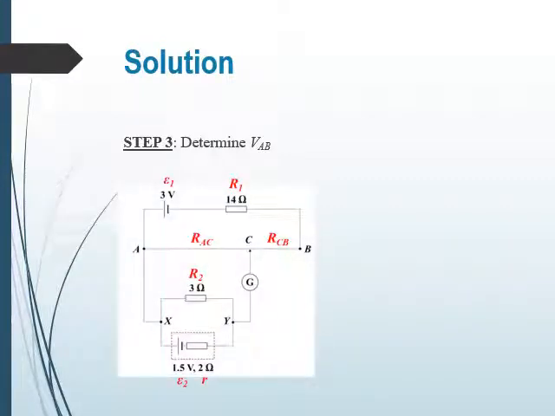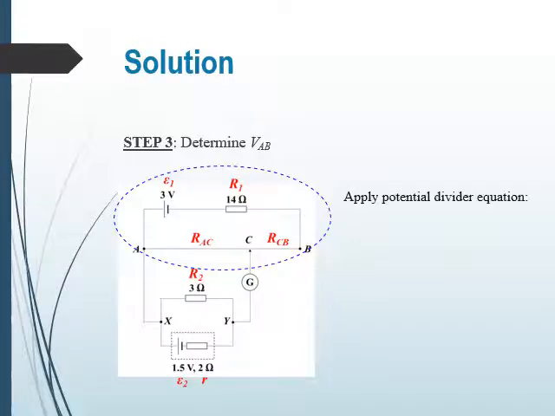Now that we have VAC, in order to apply the equation for the potentiometer, we need one more piece of information, which is VAB. So step 3, let's determine the value of VAB. Again, this is the diagram that we have, and now we are going to focus on the upper loop. So once again, let us apply the potential divider equation.